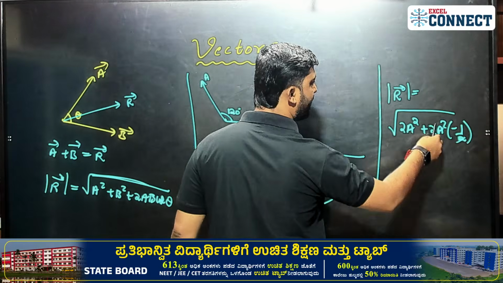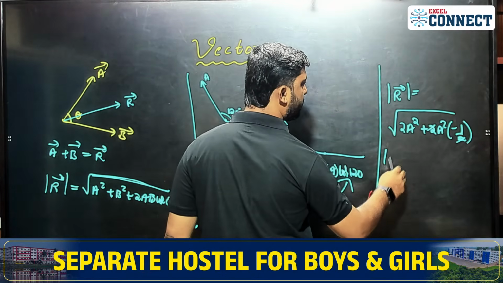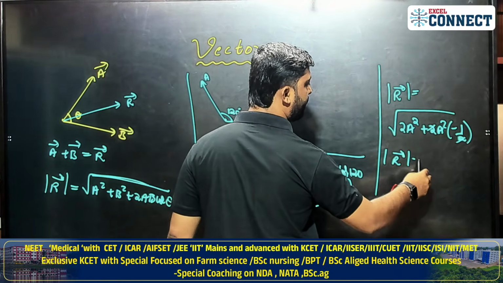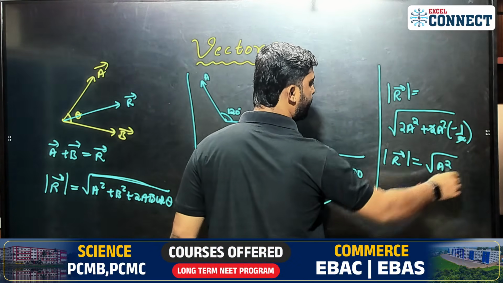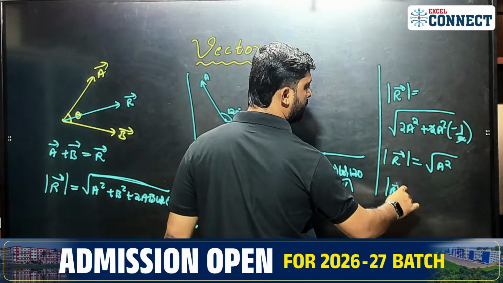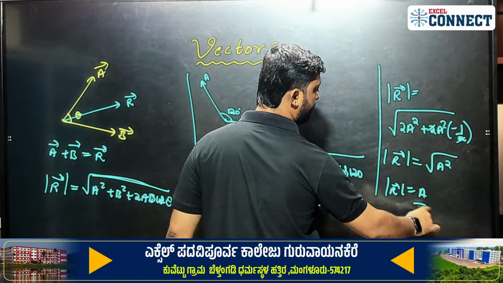Here 2 and 2 get cancelled. If you solve this, magnitude will be root of a square, so it is a.